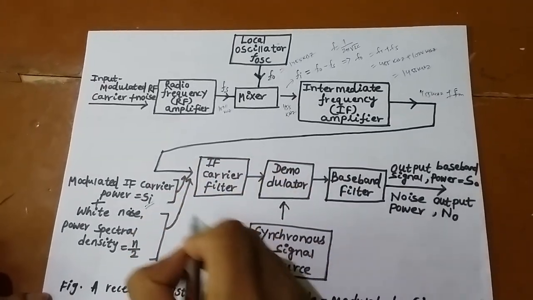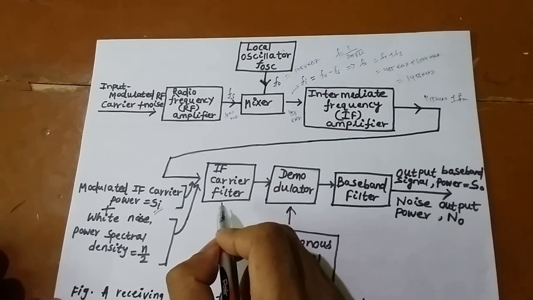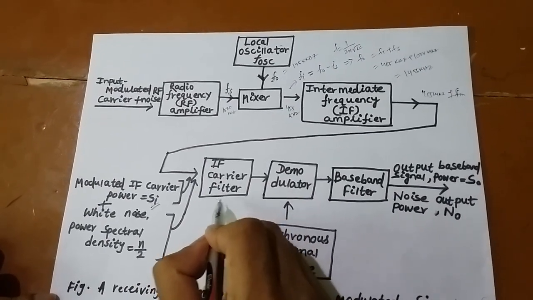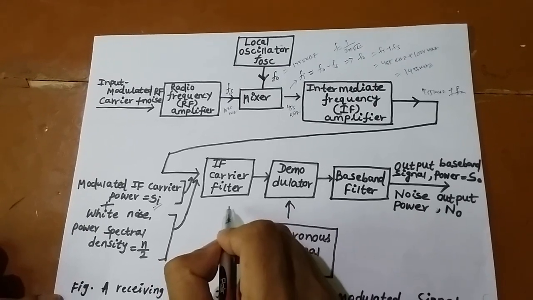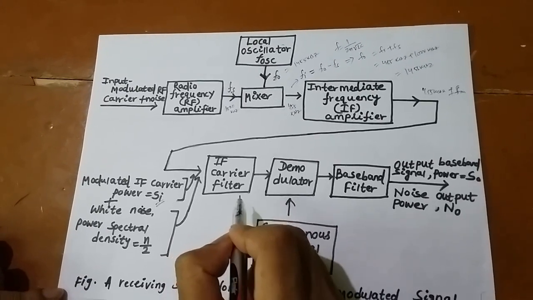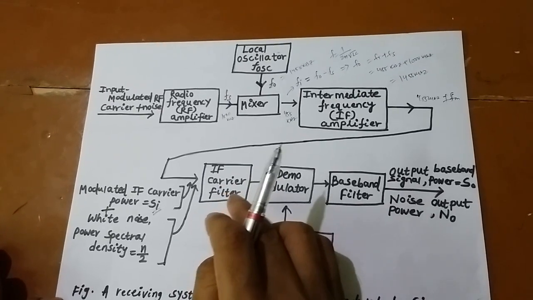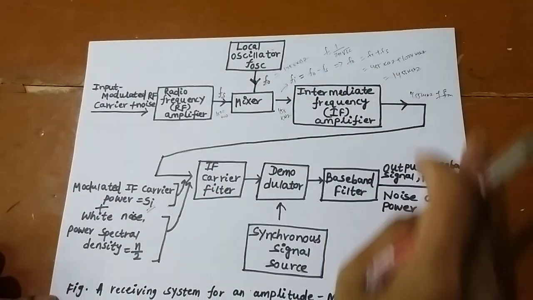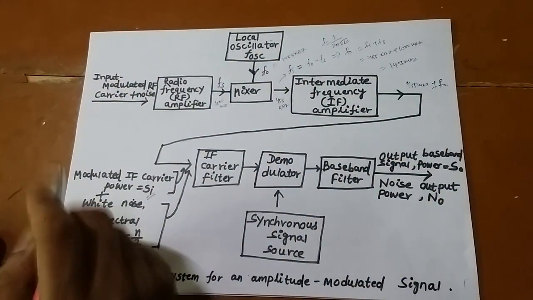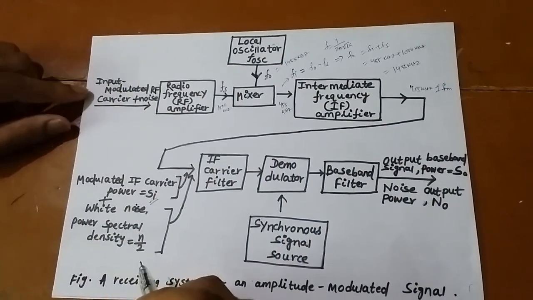Similarly, the changes occur in the IF carrier filter band. For double sideband with carrier, the band is twice of FM, or twice of the modulating signal frequency. But for single sideband suppressed carrier, it is FM. But the basic block diagram remains the same.